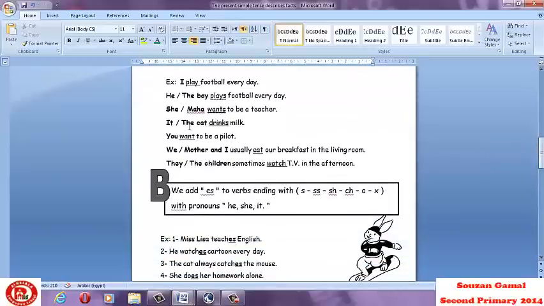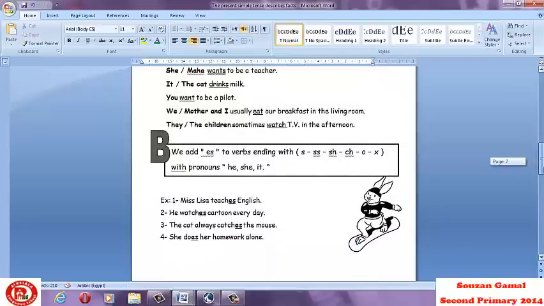This one. It or the cat drinks milk. I can't say the cat drink milk without adding S. You have to add the S in order to make the sentence correct. Okay? Now, you. Can I say you wants to be a pilot? No, I say you want to be a pilot.